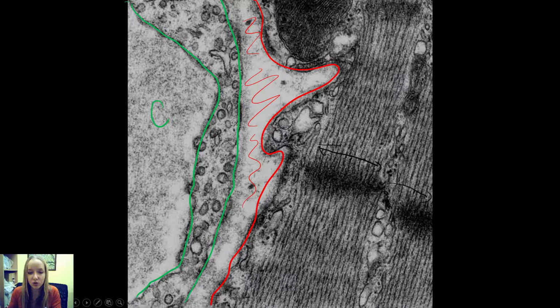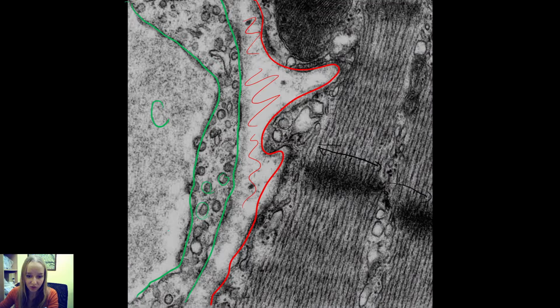Endothelial cells line capillaries. I can recognize it because I see many vesicles over here, because endothelial cells are always transporting something somewhere. That is very typical for an endothelial cell, and you're going to learn about it more right after.